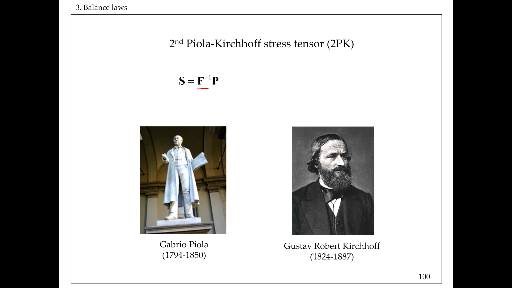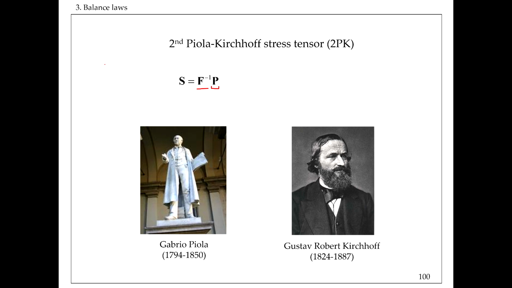Again, sometimes it's important to have symmetric measures, so in our tensor for certain purposes. So we define the second Piola-Kirchhoff stress tensor by this multiplication of the first Piola-Kirchhoff stress tensor with the inverse deformation gradient from the left. Then we can substitute the P definition through the formula connecting it to the true Cauchy stress tensor.